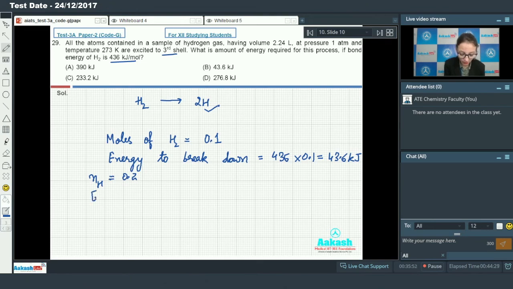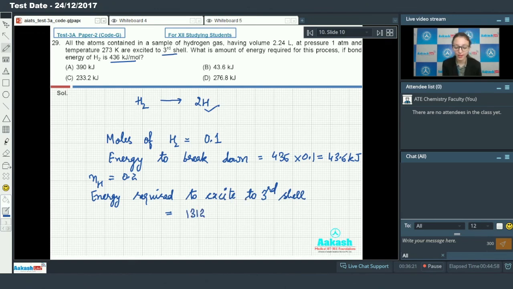So energy required to excite electron to third shell, it is 1312 kilojoule into 1 upon n1 square minus 1 upon n2 square.